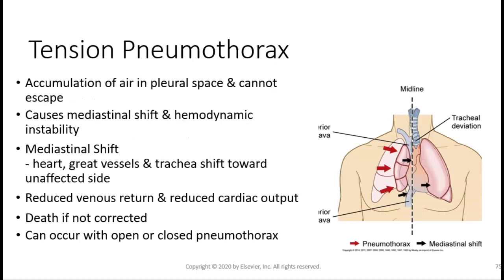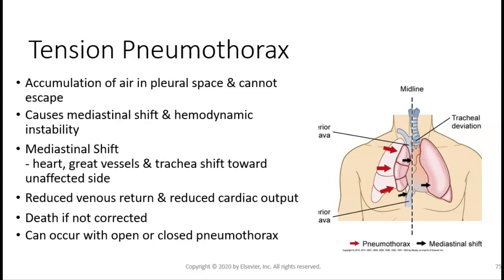And here you have another representation of it, the mediastinal shift. So you have tracheal deviation away from the side that's affected. Concerns here would be that of decreased cardiac output due to decreased return to the right side of the heart, right? So if we can't squeeze in, we can't let out.